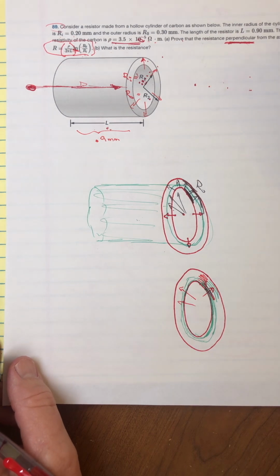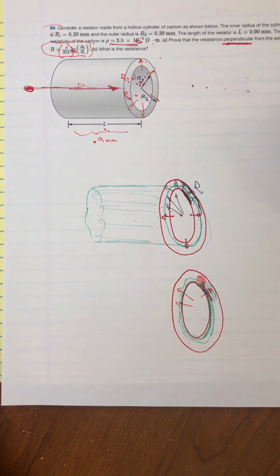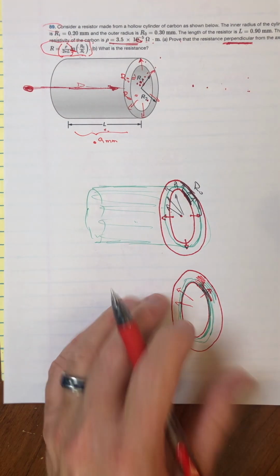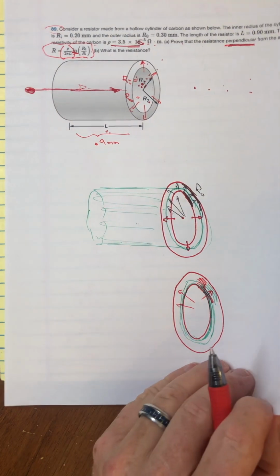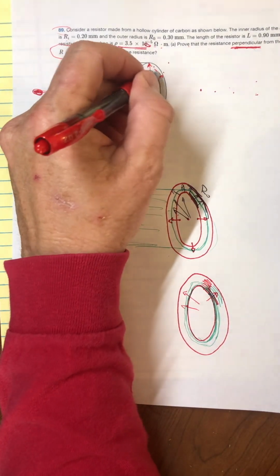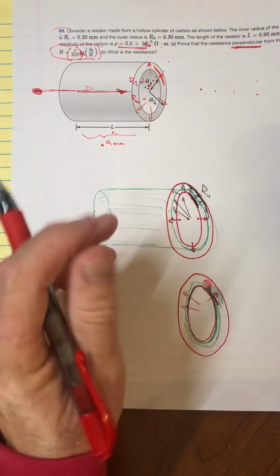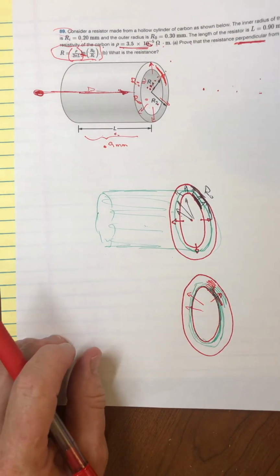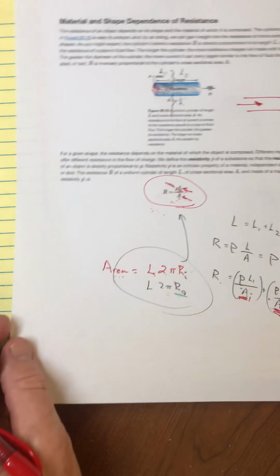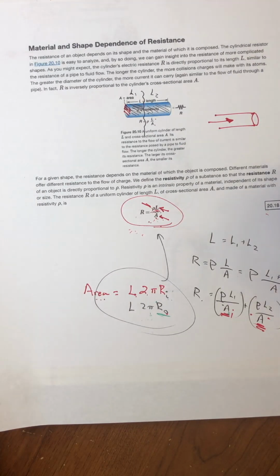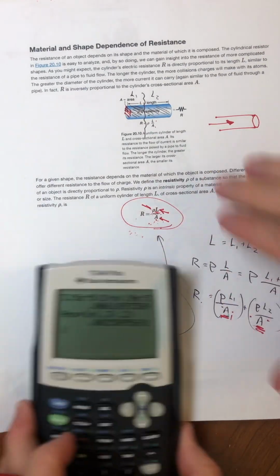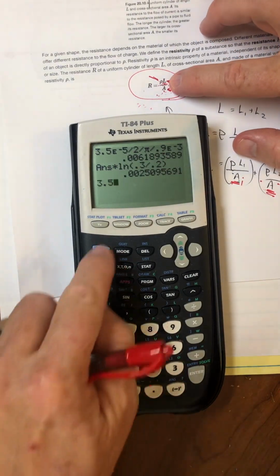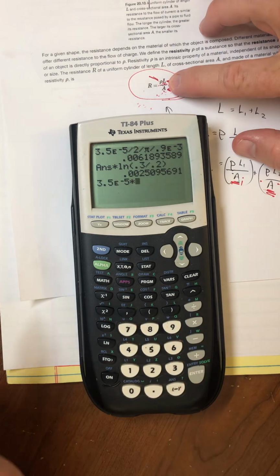And I suppose if you wanted to do a rough calculation, well, maybe it's too rough and I should stay away from it, but we could have said that the average area is halfway in between, and the length is the difference between them. And I'm kind of curious. And then we could have just jumped right into here. We could have said, okay, the resistivity is 3.5 times 10 to the negative 5.